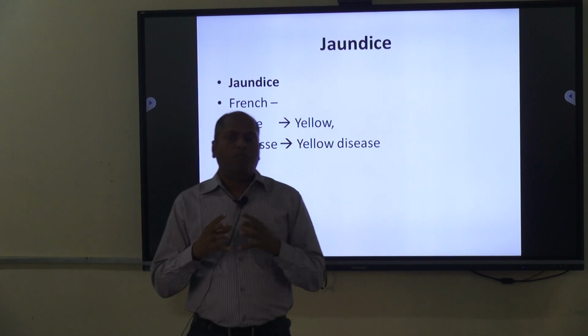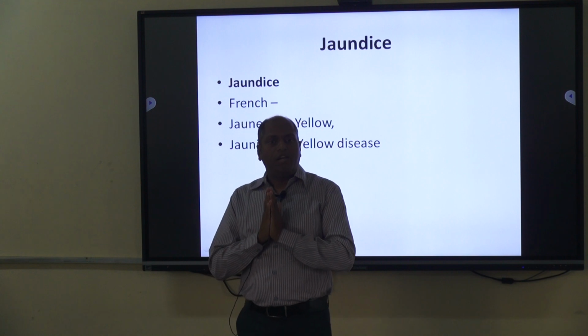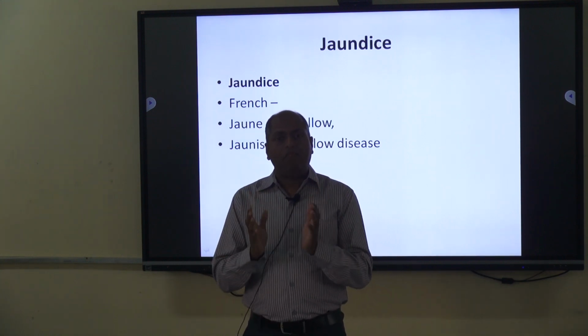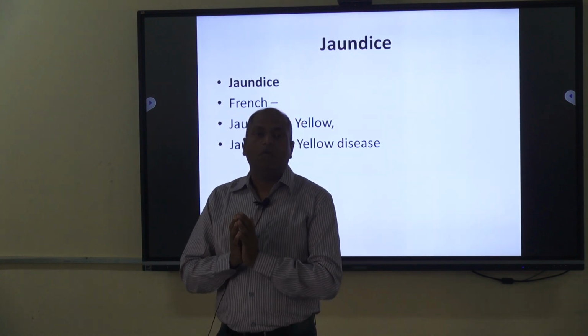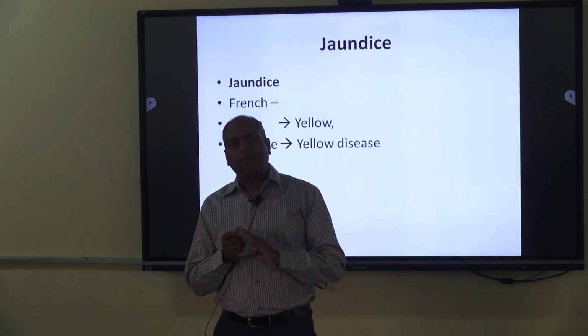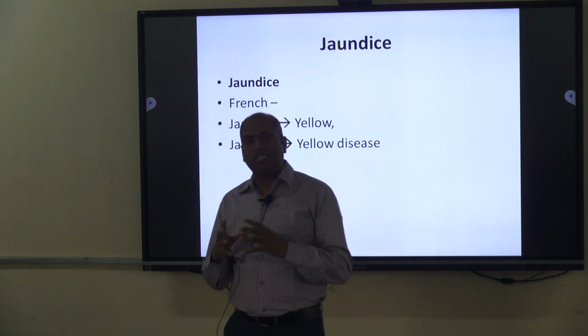Students, more than 80% of the bilirubin comes in the blood by the disintegration or digestion of red blood cells, erythrocytes, in the mononuclear phagocytic system of our body in the spleen, liver or bone marrow. In these organs, mononuclear phagocytic system cells are there.